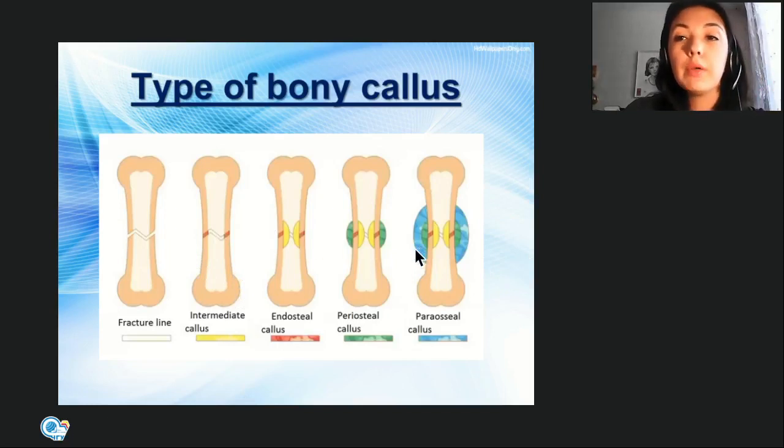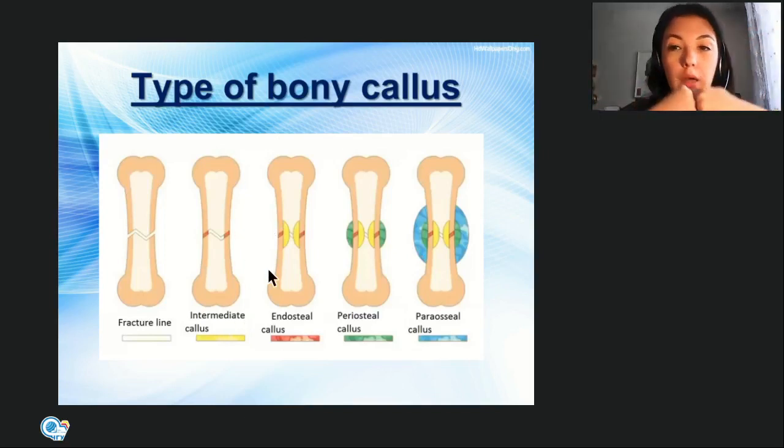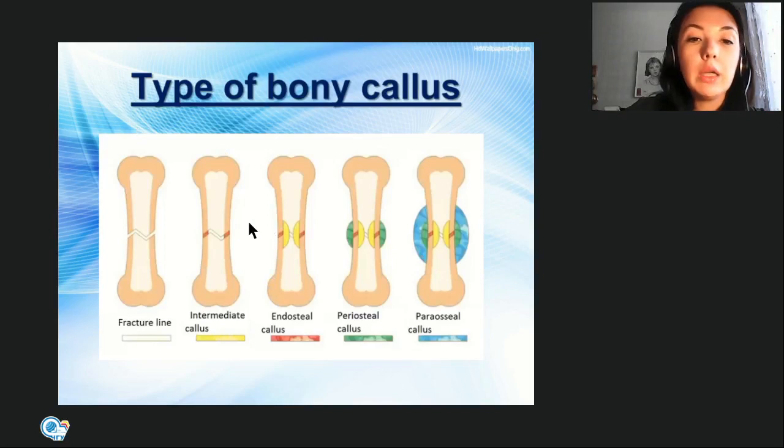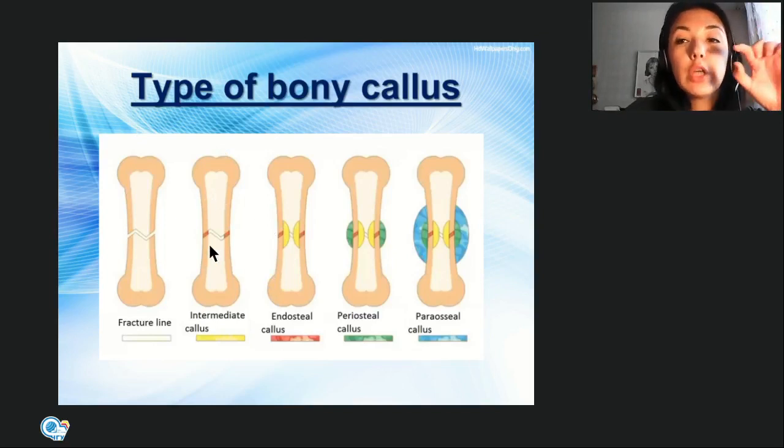The most perfect case, when there is absolutely no mobility between the bone ends, is the intermediate callus. This is the medullary cavity, and this is the bony substance, spongy and compact, and the bony callus is formed just between the compact and spongy substance of the bone.